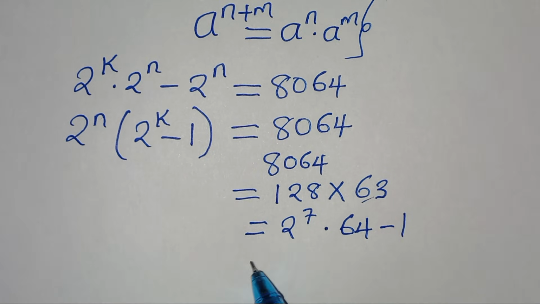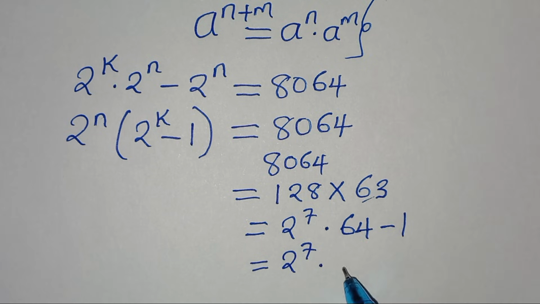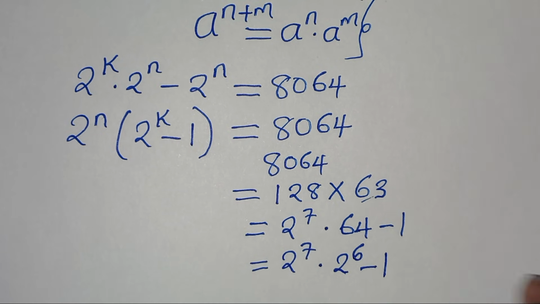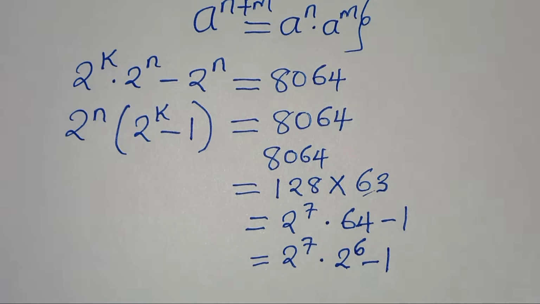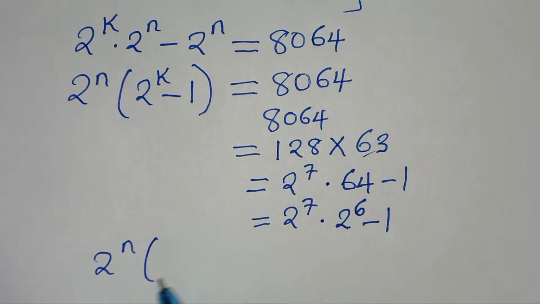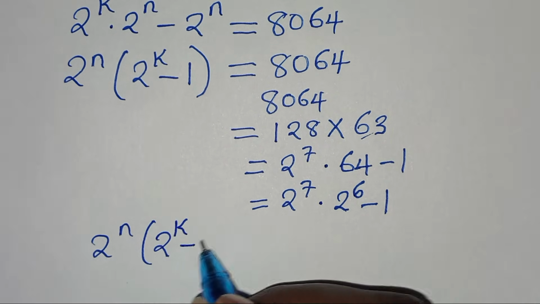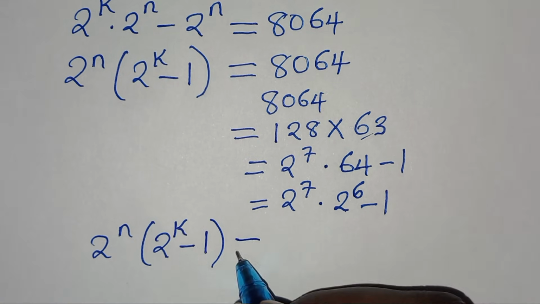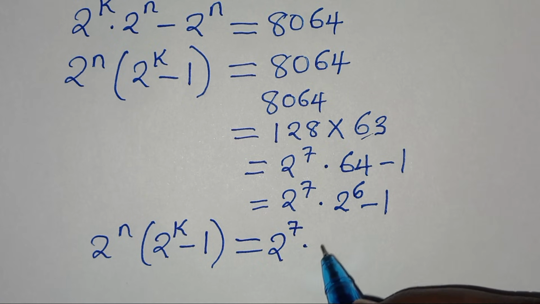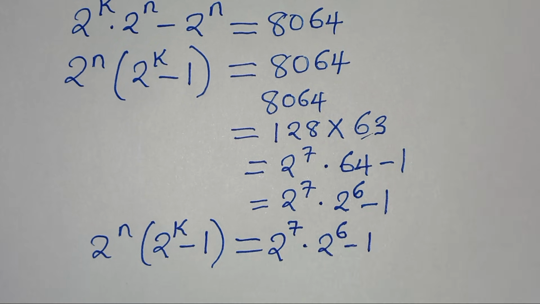And this means that we can express this as 2 to the power of 7 multiplied by 2 to the power of 6 subtract 1. Now on the left hand side we have 2 to the power of n into the parentheses, 2 raised to the power of k subtract 1. This is equal to 2 to the power of 7 multiplied by 2 to the power of 6 subtract 1.